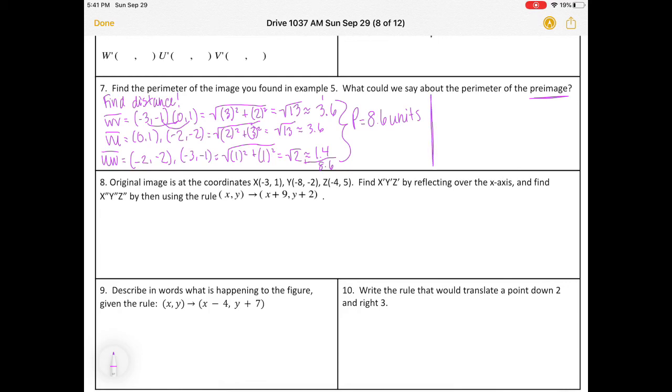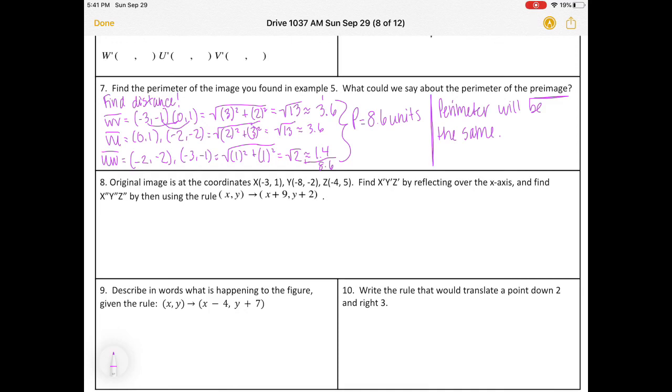So pause it if you need. What you should say is that the perimeter will be the same because it didn't change the shape, or it didn't change the size, it just changed its location. It took it and it slid it down.